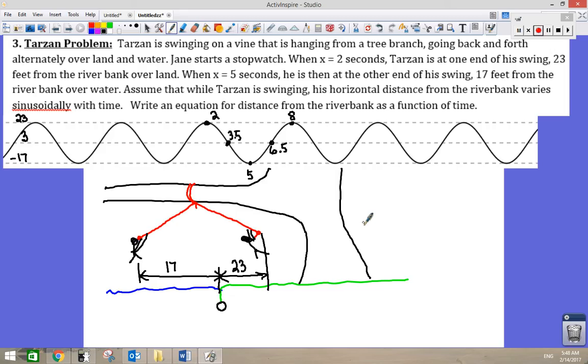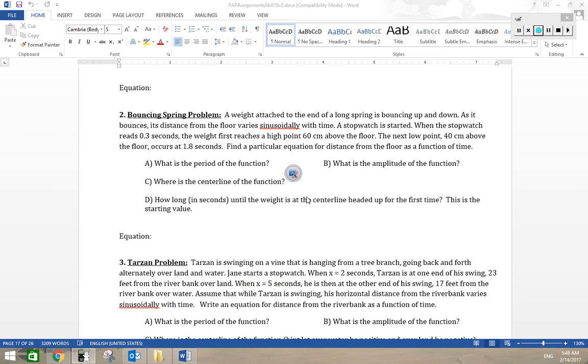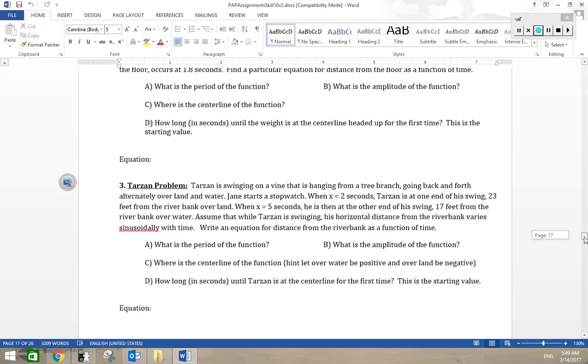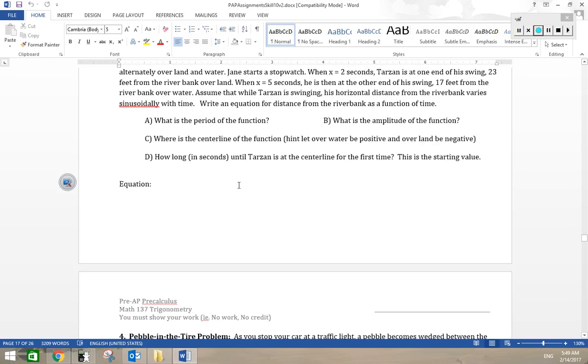So there's what we have now. Do we want to use the sine curve? So we want to pick a point on the center line, and pick a point so that we don't have to deal with the negative sign with a reflection. So we could pick this point and talk about that first cycle to there, or we could pick this point at 6.5. So let's see if the problem recommends. That's the previous problem. What about how long in seconds until Tarzan is at the center line for the first time?